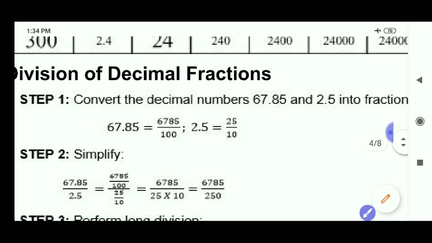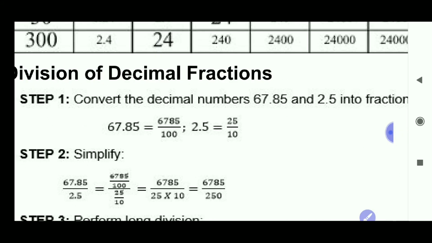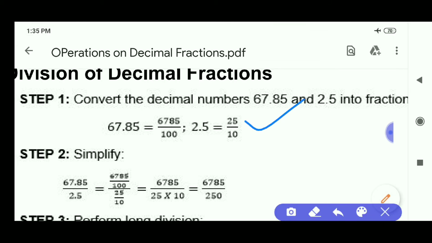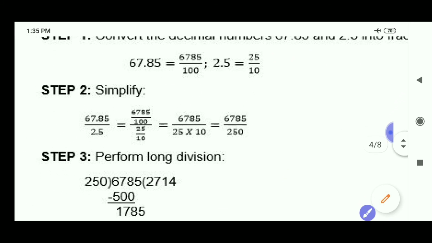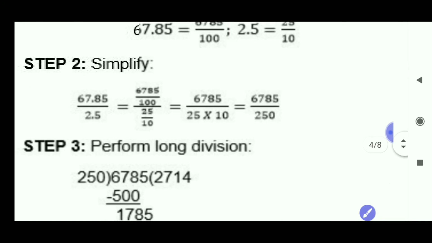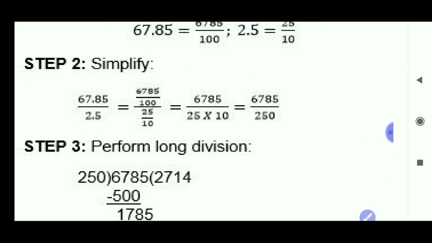In the same way, now come to division. How to divide it? Convert the decimal numbers into fractions. For example, 67.85 is 6785 by 100. 2.5 is nothing but 25 by 10. Now, observe the question. 67.85 by 2.5.